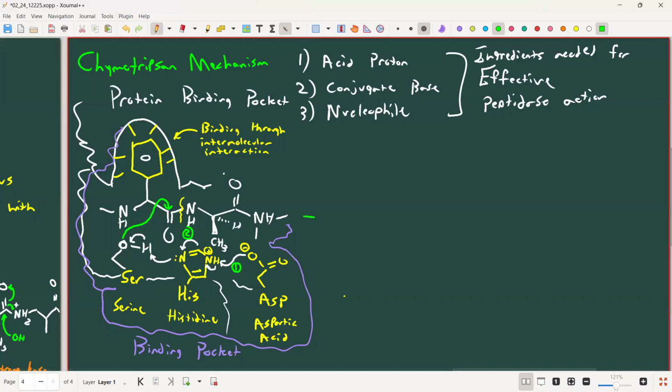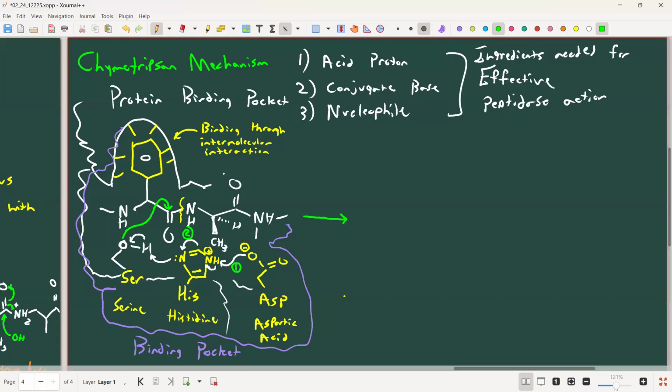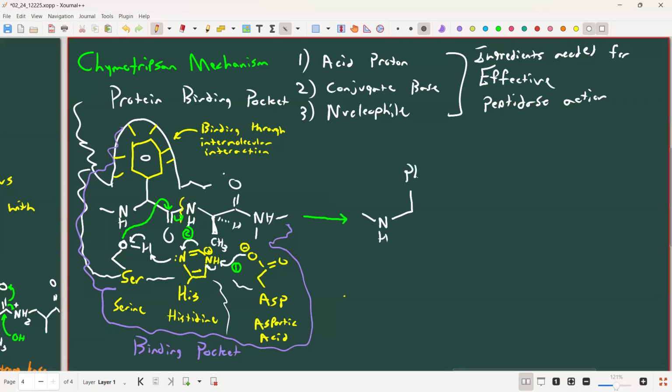Right? And what does that do? Well, as you can see now, we're going to leave this bond. Right, but we're missing one step, right? We still don't have another hydrogen here on this ammonia. So what does our intermediate look like? Here's our phenylalanine.